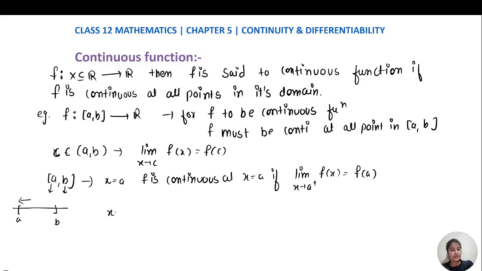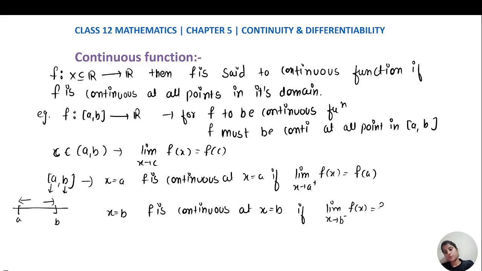Similarly, at x equals b, we say f is continuous at x equals b if our left hand limit, because the only possibility to come close to b is from the left hand side, is equal to its function value. That is the proper intuition.